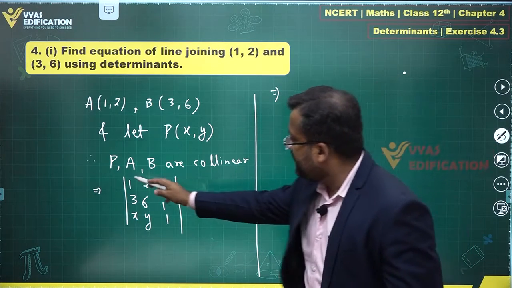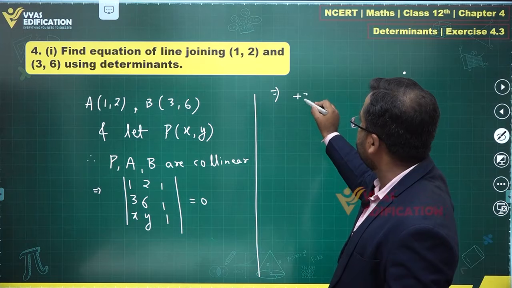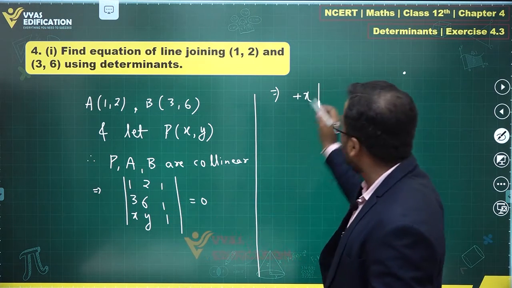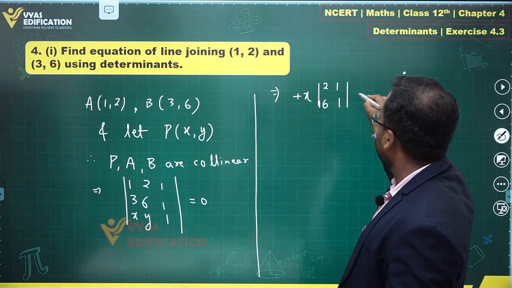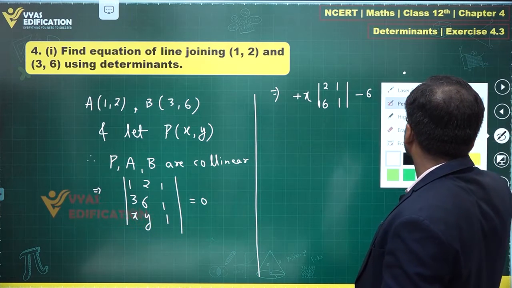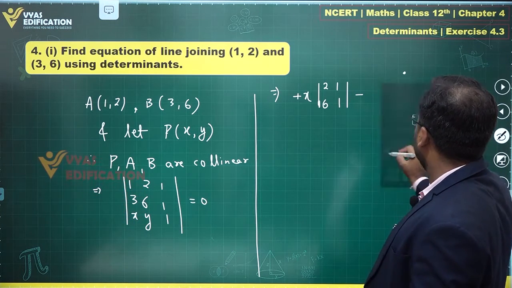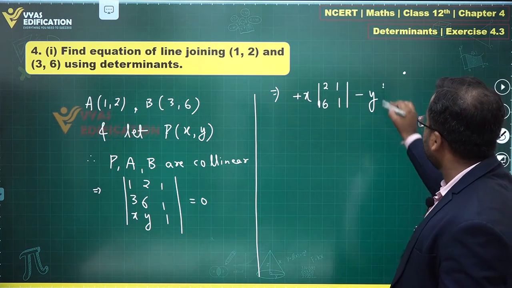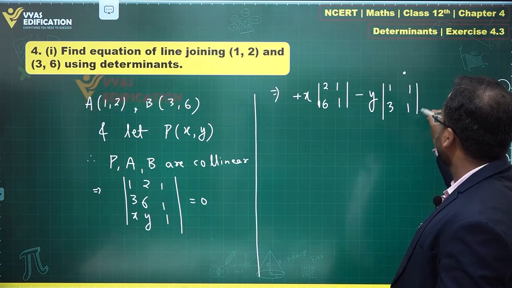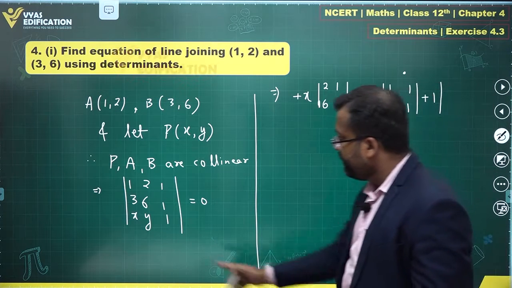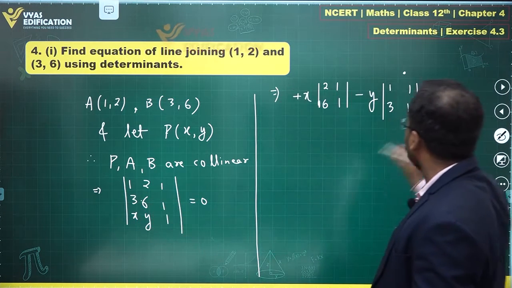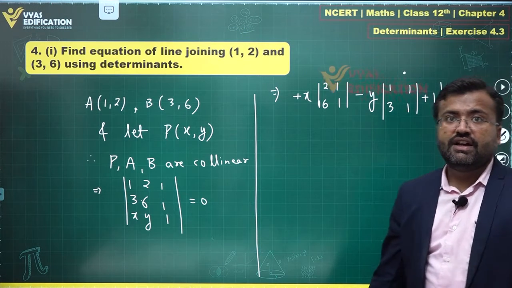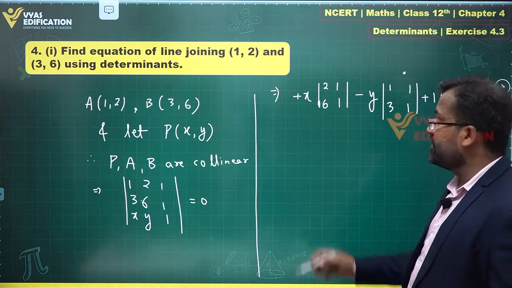So what I'll have is plus x, the sign will be plus, and you'll have a determinant over here which is 2, 1, 6, 1, minus y times determinant 1, 3, 1, 1, plus 1 times determinant 1, 2, 3, 6. This is what you have. This value is simply 0. That will give me the final equation very easily.